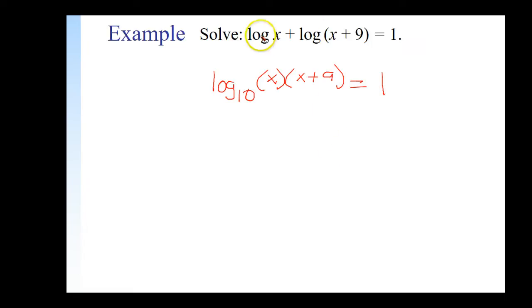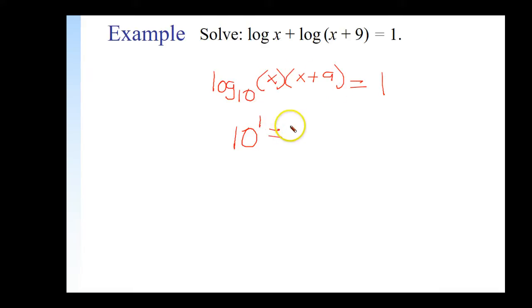So we had to do this intermediate step, put it in its more condensed form. And again, base 10 wasn't showing. You had to remember this was the common log, base 10. So now in exponential form, this 10 is our base, our exponent is 1, and our answer is this.